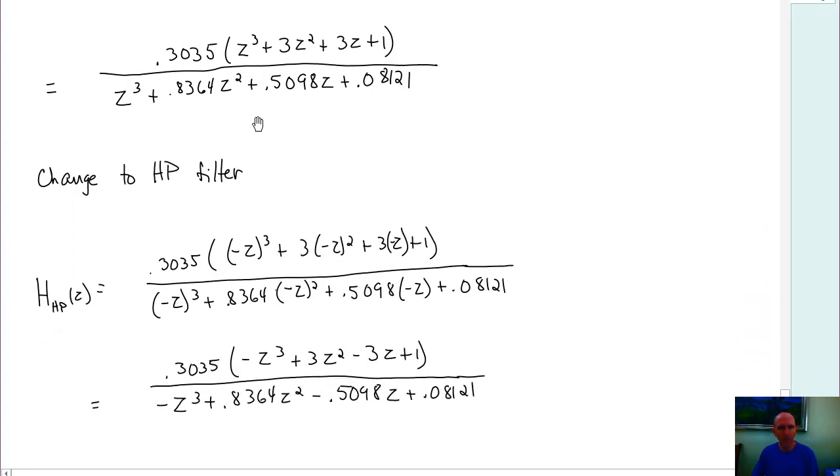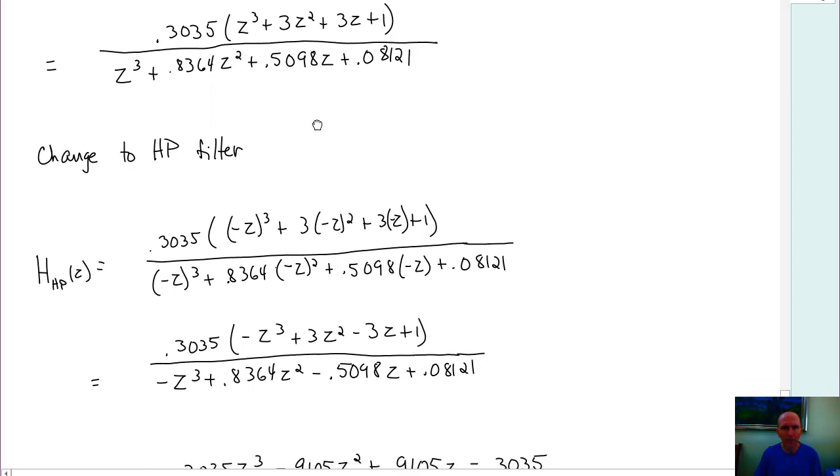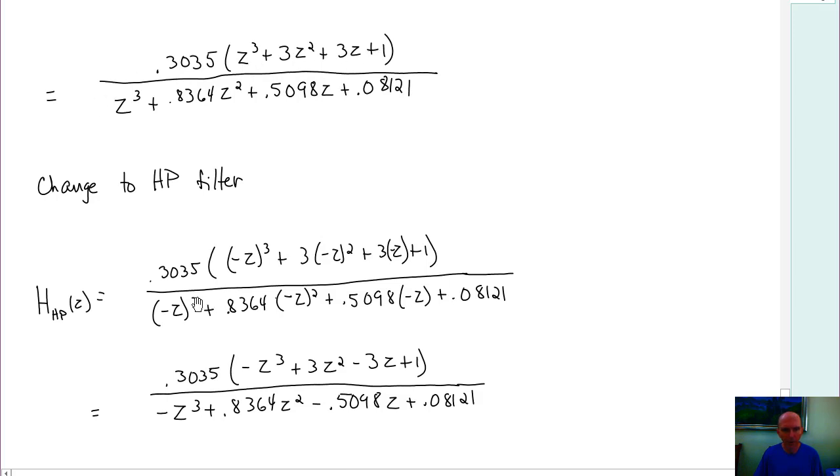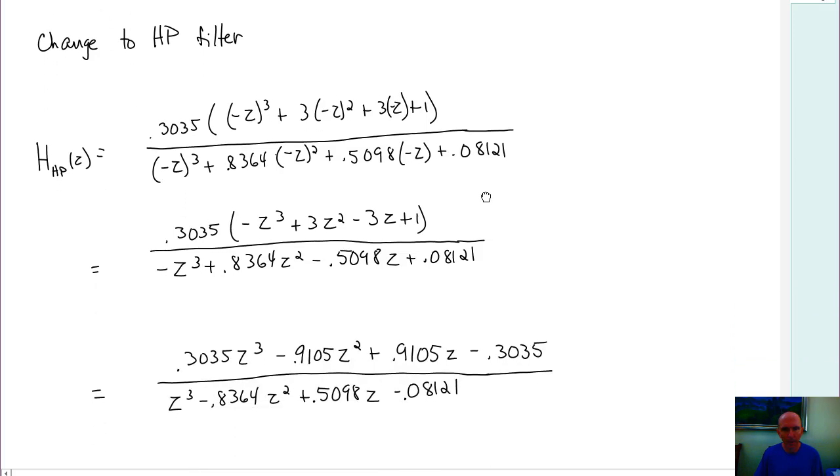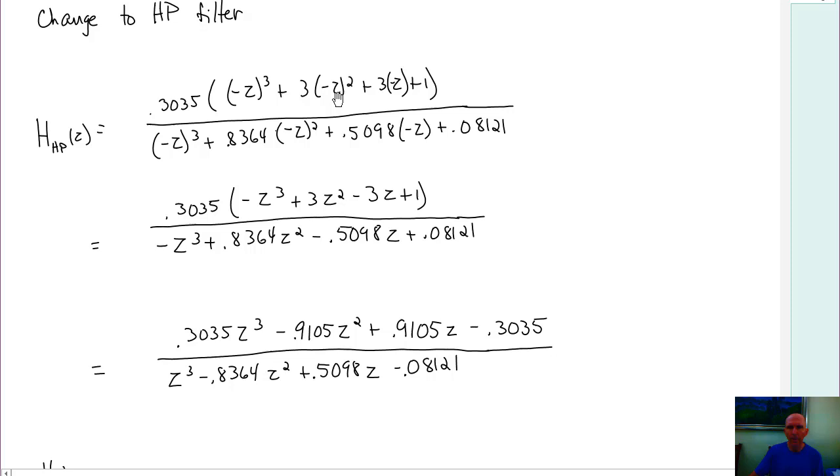So we need to take this and change it into a high-pass filter. As we said before, we just change from z to minus z. And so we substitute all the z's here with minus z. We see that if it's an even power of z, it stays the same, right? Minus z squared is just z squared. Minus z cubed is minus z cubed.